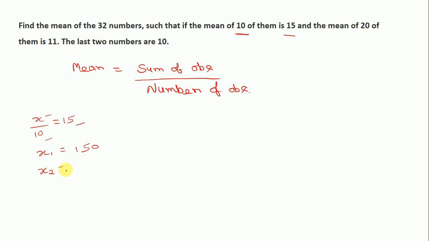Using the same logic, x2 will be 20 into 11, which is 220. The sum of these 10 and 20, that is 30 observations, is 370, and the last two numbers are 10 each. So the total sum comes out as 390, and the total observations are 32. So the mean is 390 divided by 32. 32 times 12 is 384, leaving a remainder of 6, so it will come out as 12 point something.